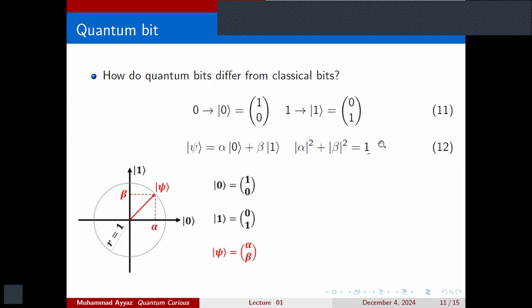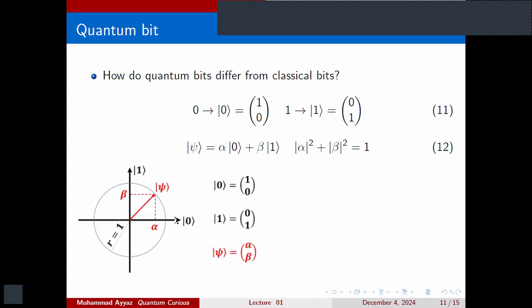So it can be seen in the diagram as we have a state vector psi, and alpha and beta are associated with the axes describing the bits or states of 0 and 1. So beta describes how much state 1 we have in state vector psi, and alpha describes how much state 0 we have in state vector psi. So if alpha is equal to 0 and beta is equal to 1, we have the state 1 deterministically.